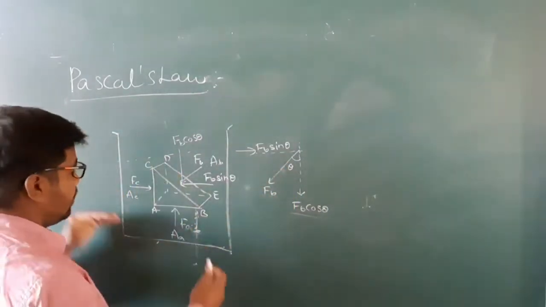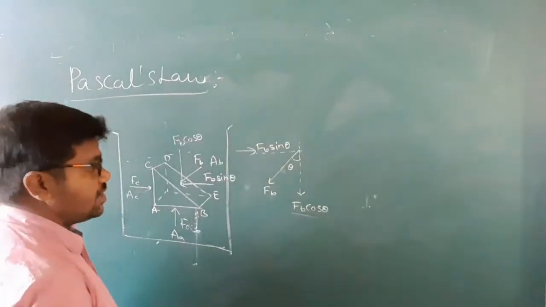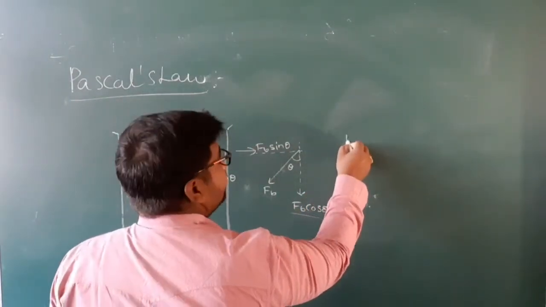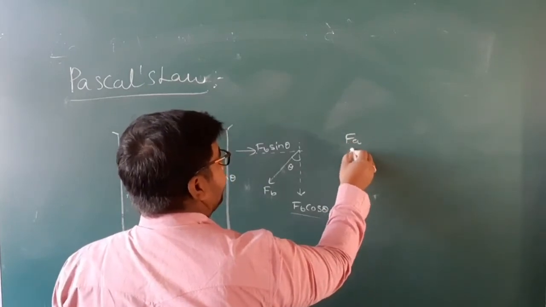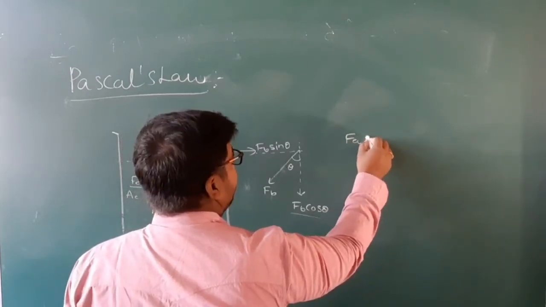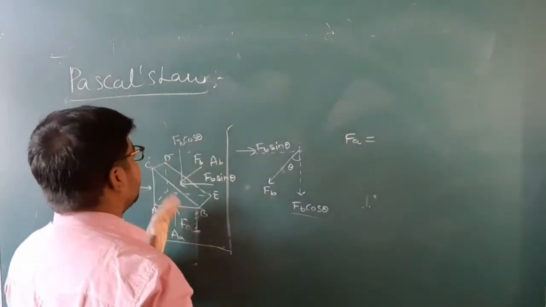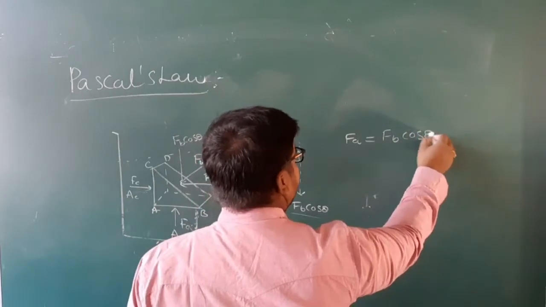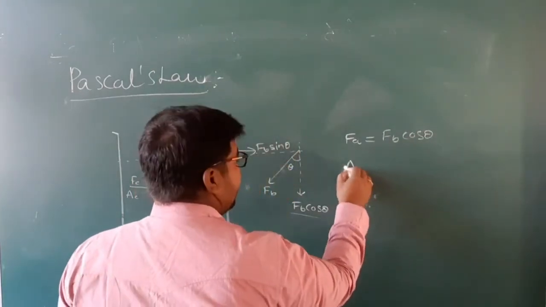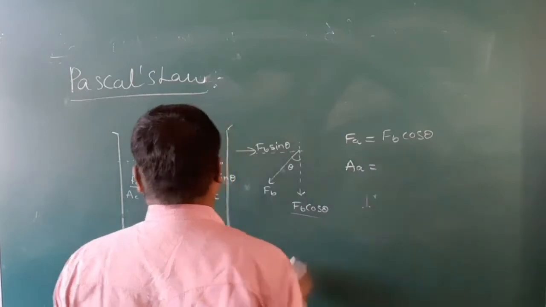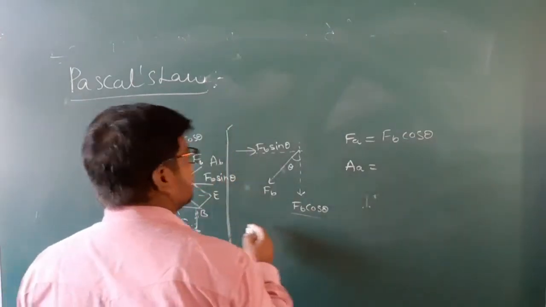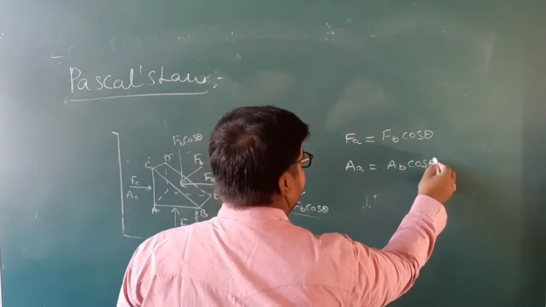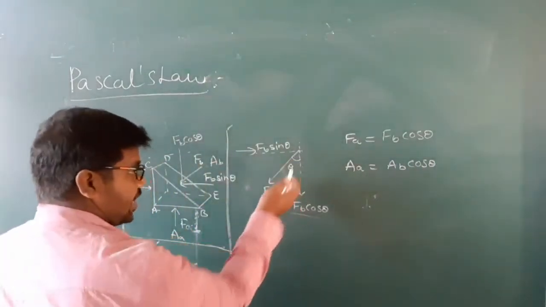So FC by FA is equal to FB cos theta, and area small a is equal to AB cos theta. The area vector can also be resolved.